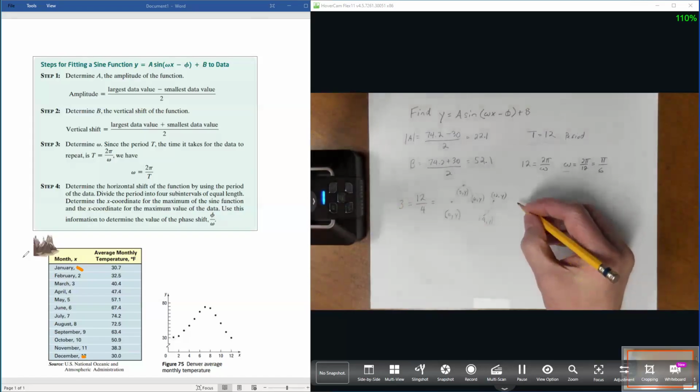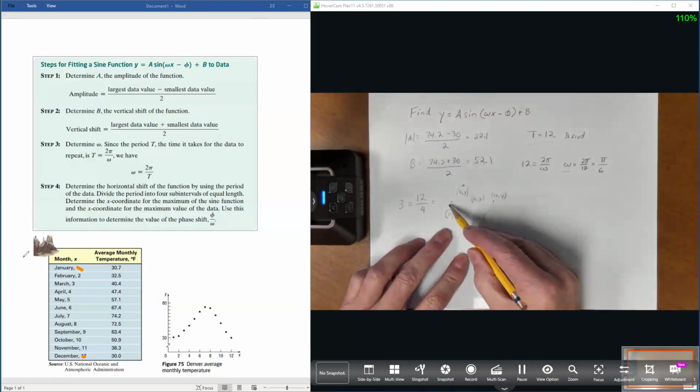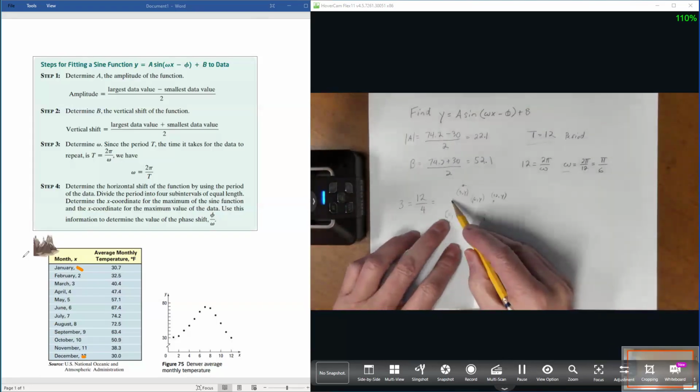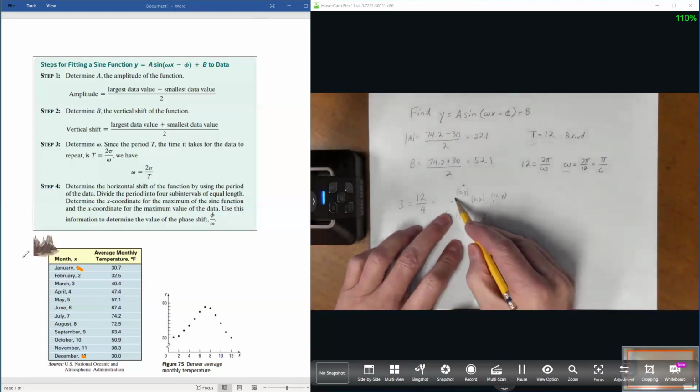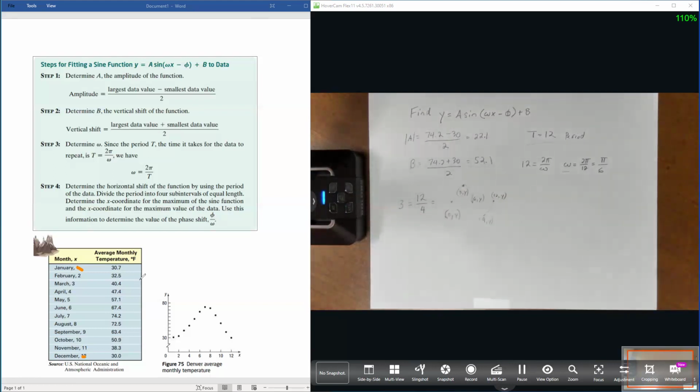This tells us that we should expect a maximum to happen at 3. Whatever y is, we know that the critical point that happens at 3 is the maximum. And if we look at our data, the maximum in our data occurs at July, which is the 7th month, 74.2.